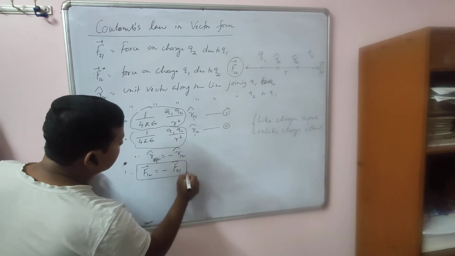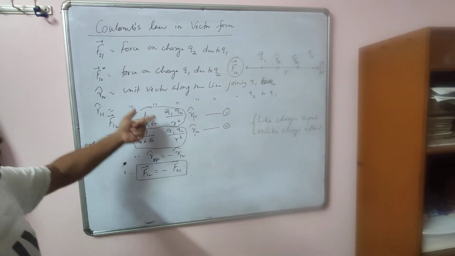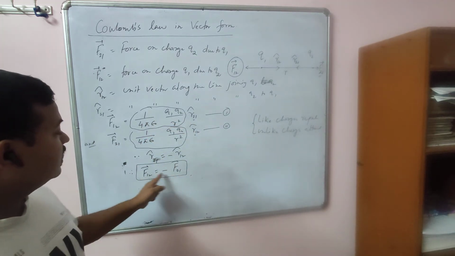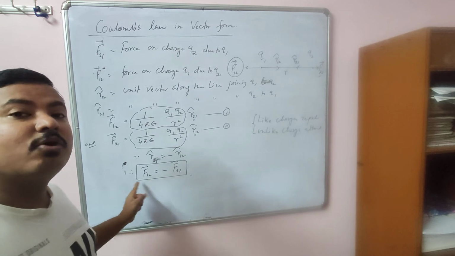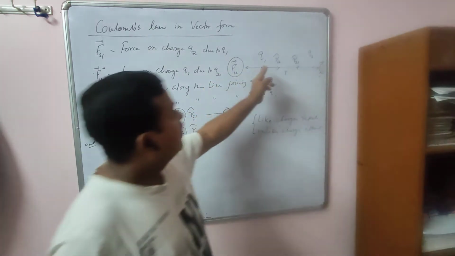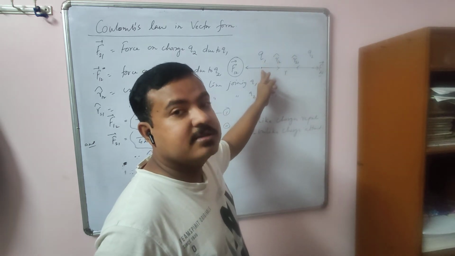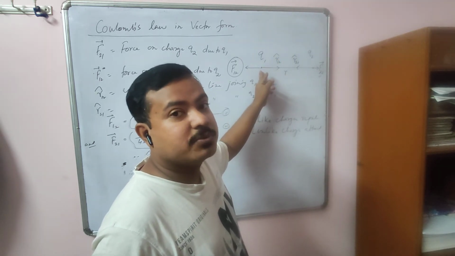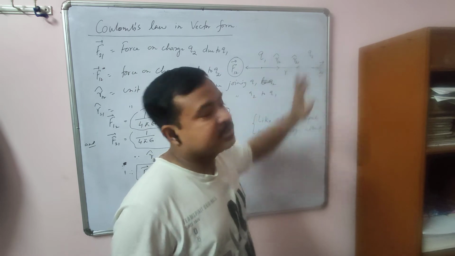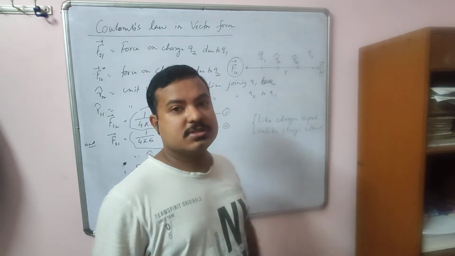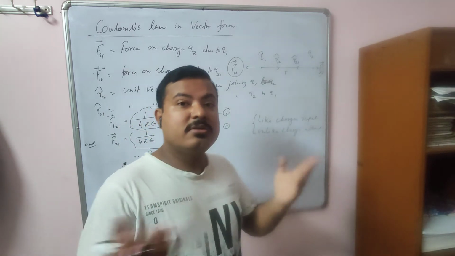So what do we observe from Coulomb's law in vector form? We observe that the two forces are equal and opposite. That means the force on this charge due to this charge is equal and opposite to the force on this due to this. That means they experience equal and opposite forces, which is nothing but action and reaction.